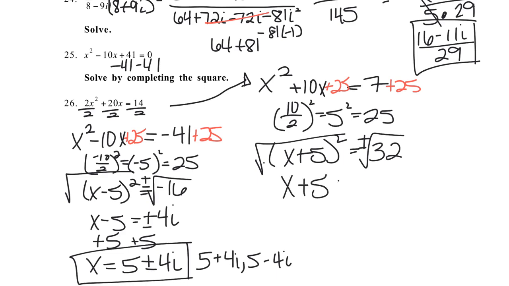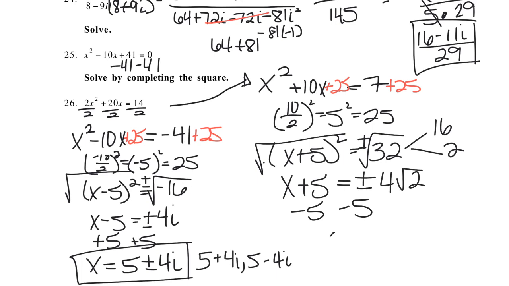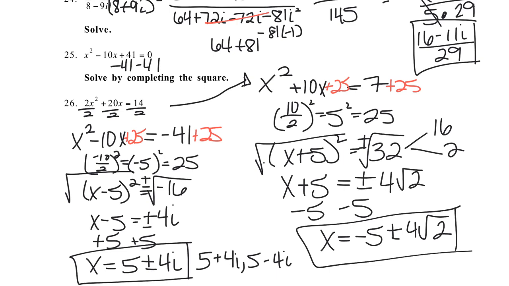X plus 5 equals plus or minus, that's 16 times 2, so 4 square root 2, minus the 5, and x equals negative 5 plus or minus 4 square root 2. Again, you could write it as negative 5 plus 4 square root 2 and negative 5 minus 4 square root 2. So here is the answer to 25, and here's the answer to 26.